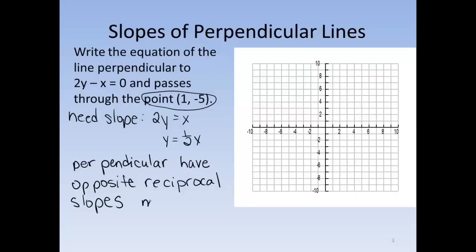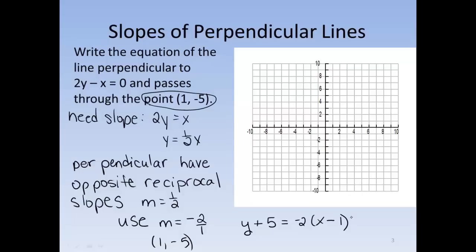And so since the slope here is 1/2, I'm actually going to use for my line its opposite reciprocal, which is negative 2 over 1, or just negative 2. Using my point and my slope in point slope form, y minus the y coordinate is m times x minus the x coordinate.